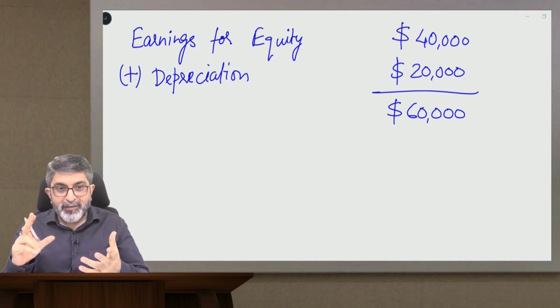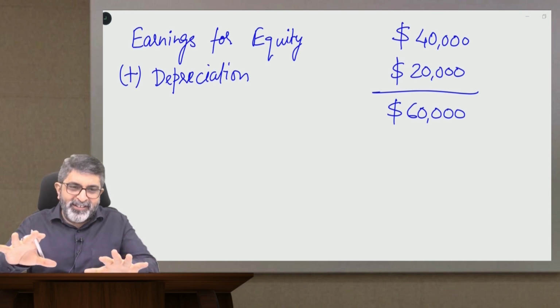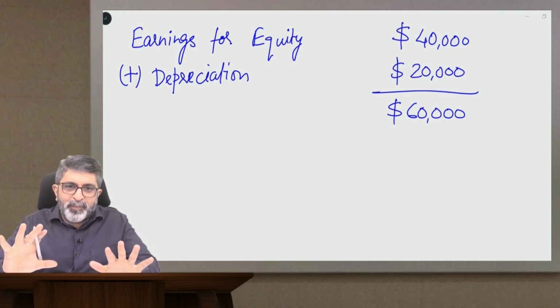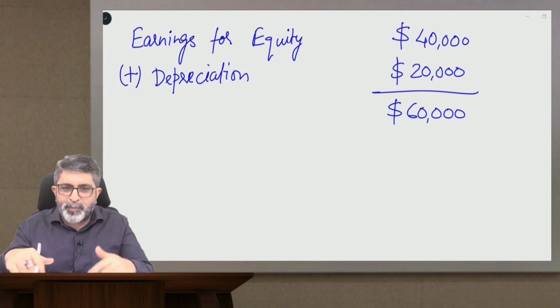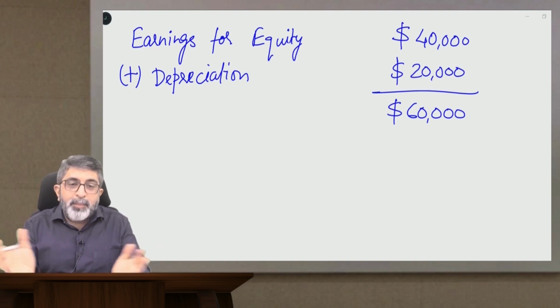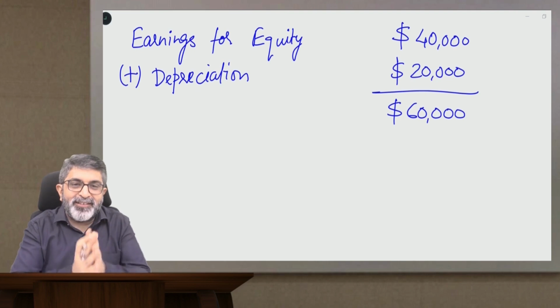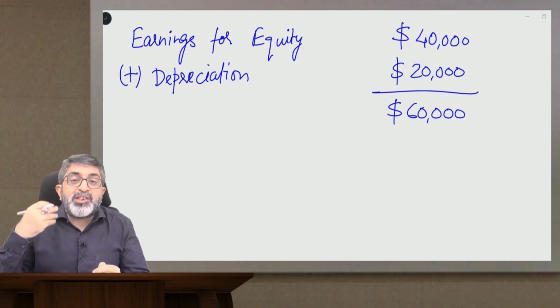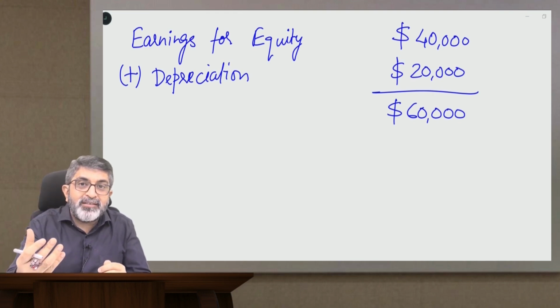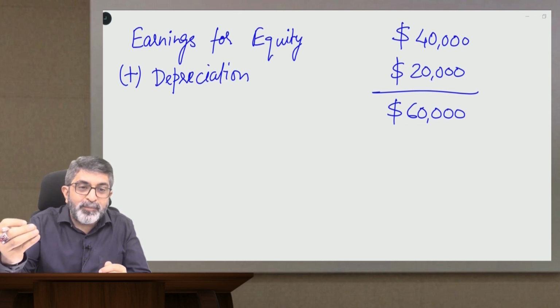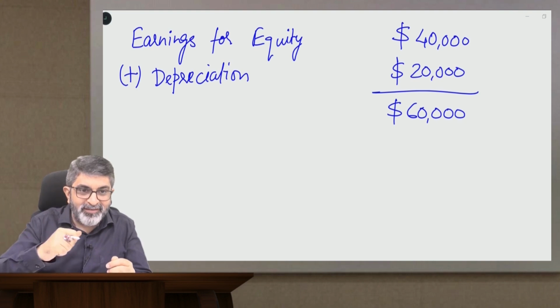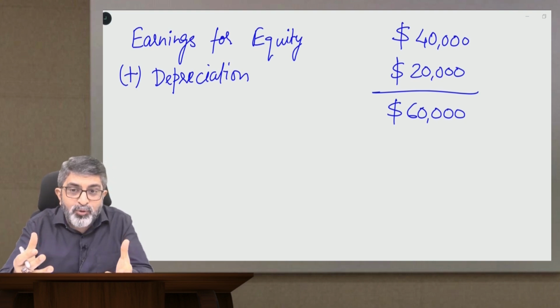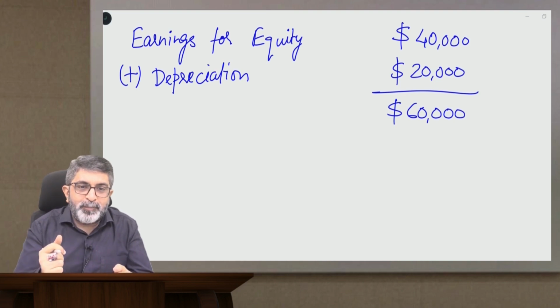But the entity says, wait. This amount we cannot utilize for paying dividend to the shareholders because we have certain plans. What plans we have? We have plans to make additional investment in non-current assets or fixed assets like property, plant and equipment. We have plans to increase our working capital.